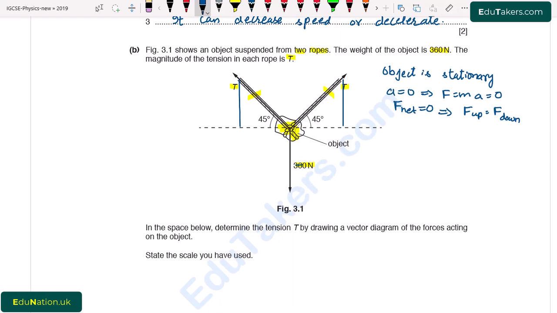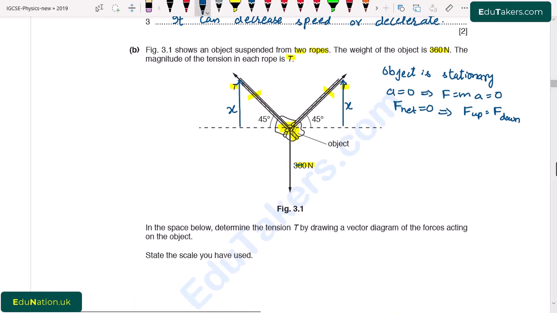So these are the two forces that are acting in upward direction due to this string. As the value of tension on both strings is the same, these forces will also be equal. I suppose that the force is x on both of these.